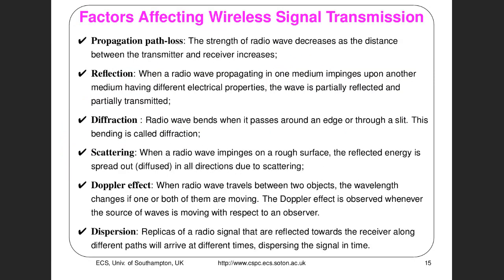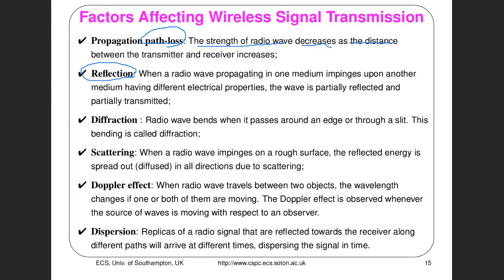Right. So there are different effects, different factors that affect wireless signal transmission. So we did talk about path loss, which is signal power decreases over distance. And then reflection is also quite simple.